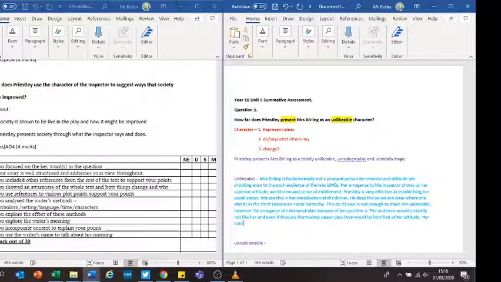Her consistent arrogance and snobbery firmly establish. Again, not firmly. Remember, adverbs, adjectives make a massive difference. Firmly establish how unpleasant and uncaring she is.